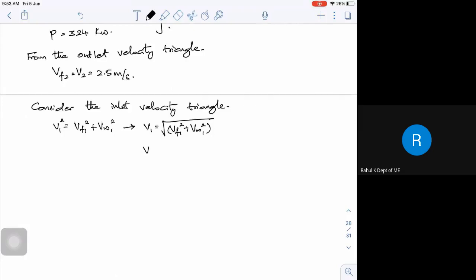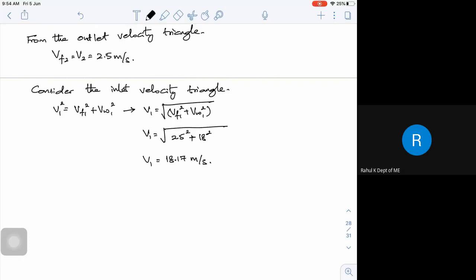V1 is equal to the square root of Vf1, found to be 2.5, square, plus Vw1, which is 18, square. If I take the square root, I am getting 18.17 meters per second.